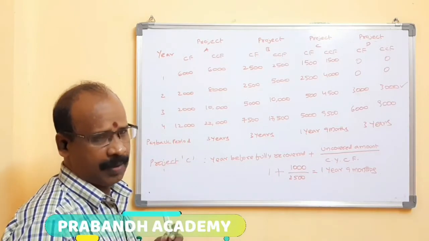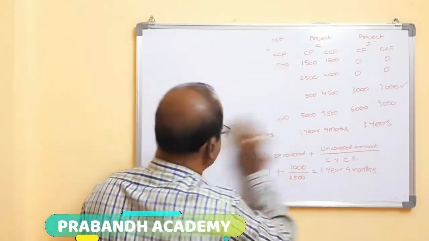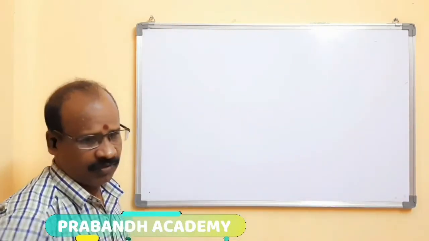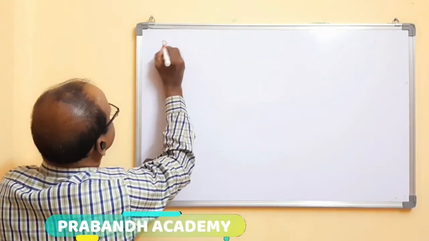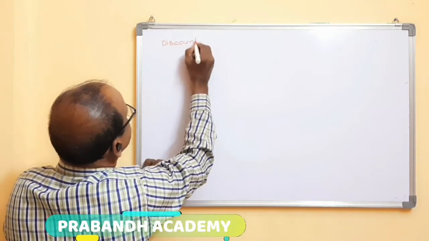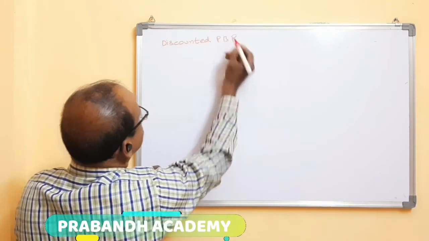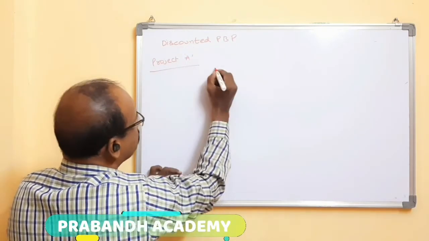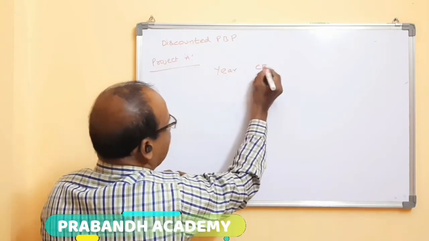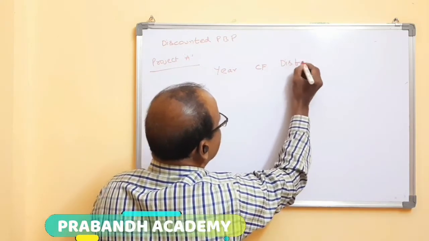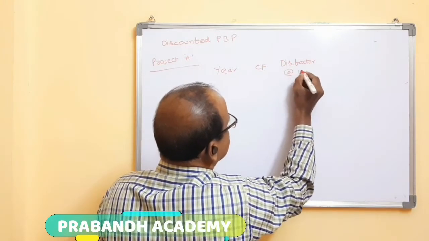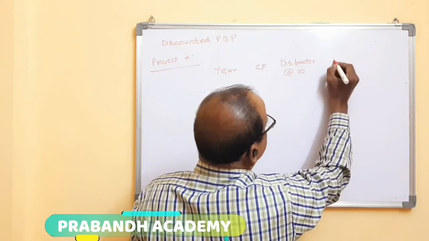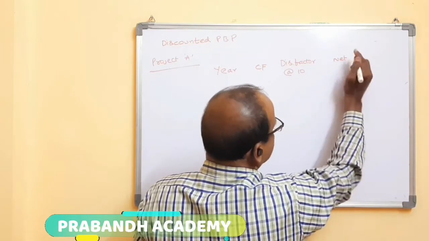Now we calculate discounted payback period. Discounted payback period for project A. Here, cash flow, discount factor at 10%, net present cash inflows, net cash flows.